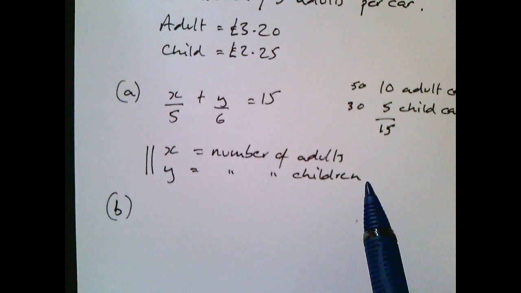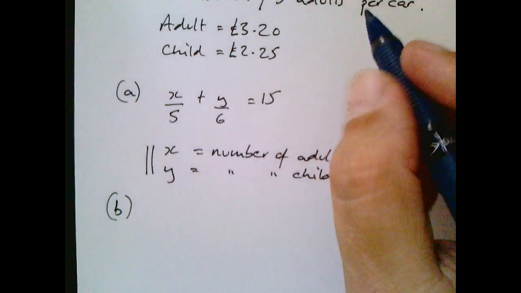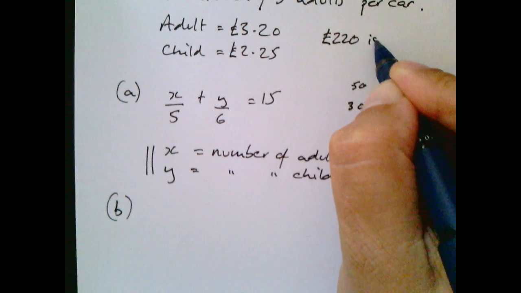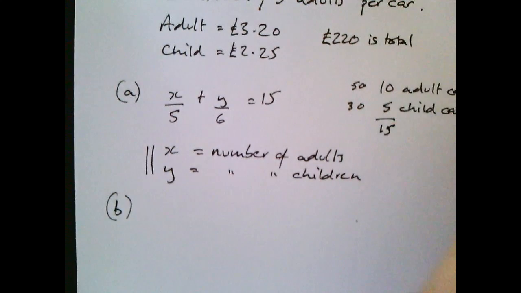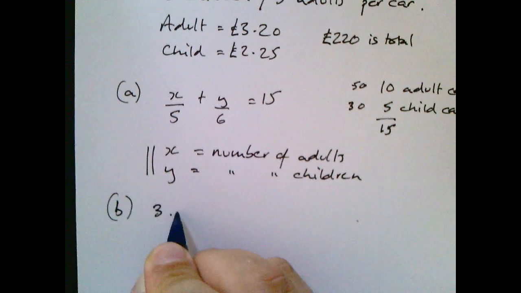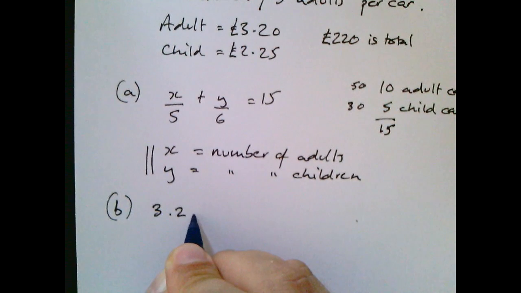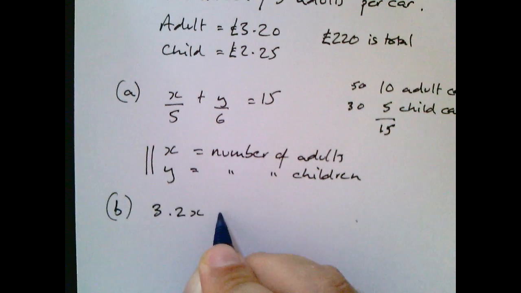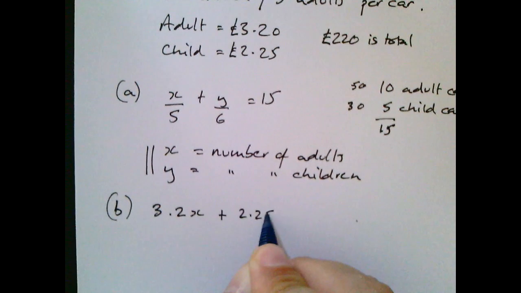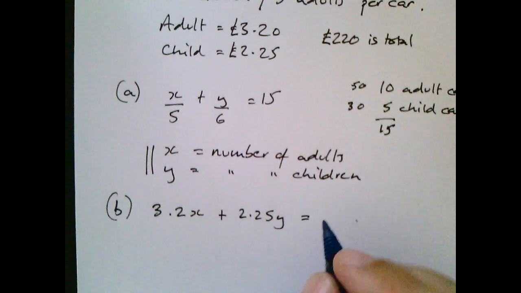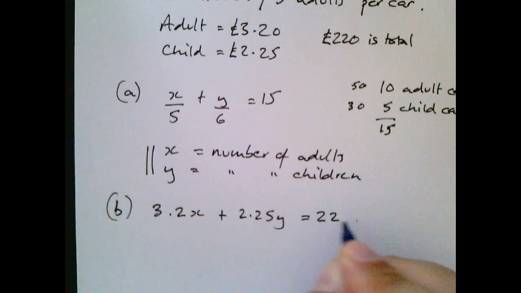We know that the total spend is £220. So £3.20 times the total number of adults plus £2.25 times the total number of children is 220.